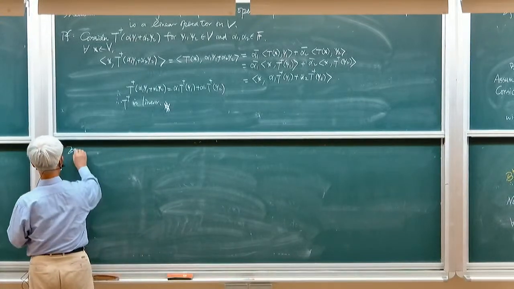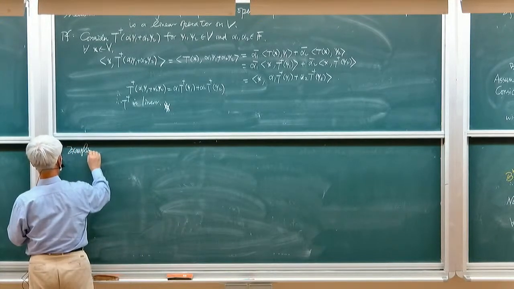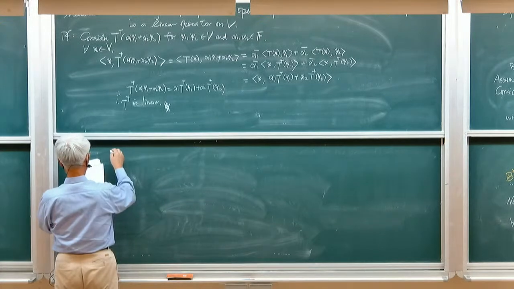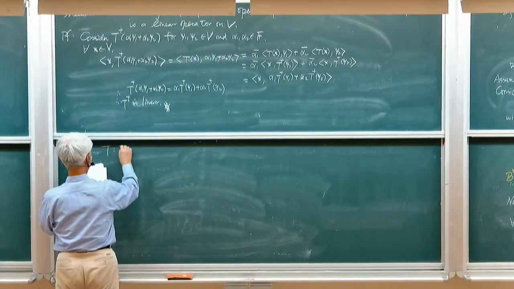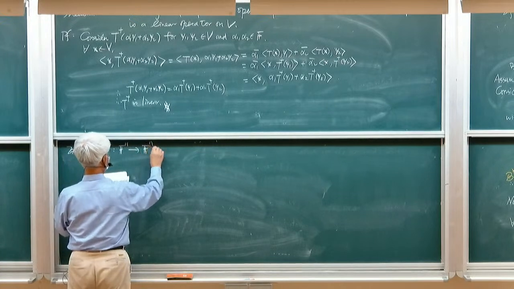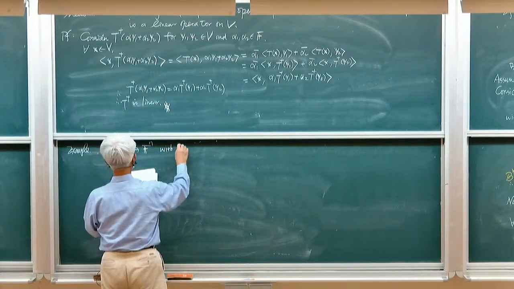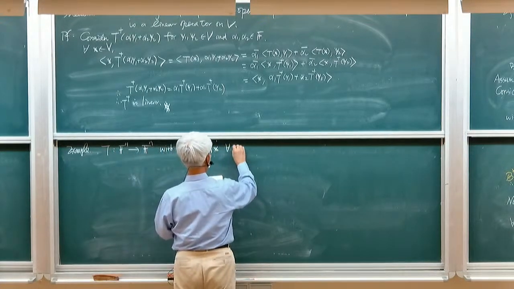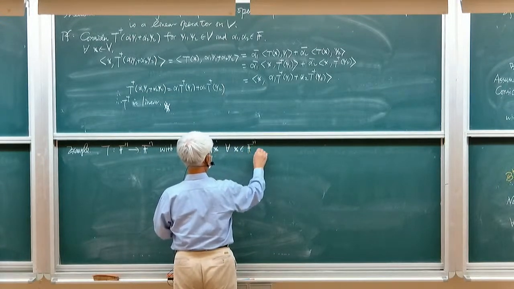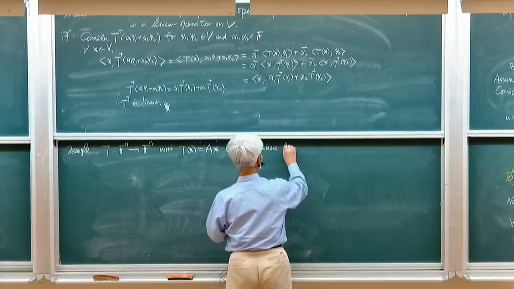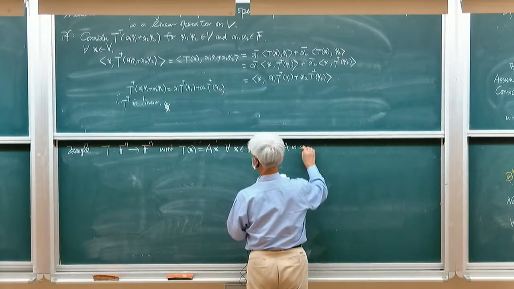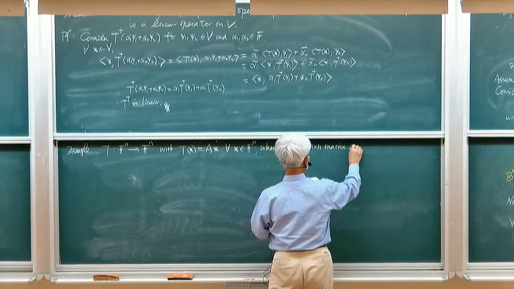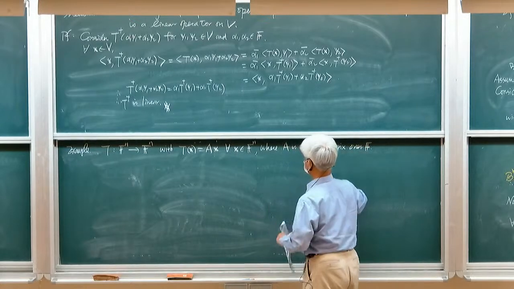Okay, so example: consider a linear operator T from Fn to Fn with Tx equal to Ax for all x in Fn, where A is an n times n matrix over F. Okay?